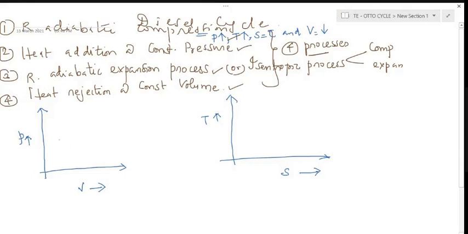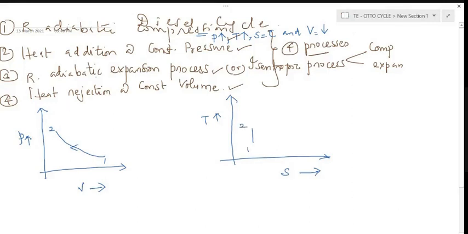So the first process takes place like this, between 1 and 2. Because of compression, pressure increases and simultaneously volume decreases, and temperature also increases.